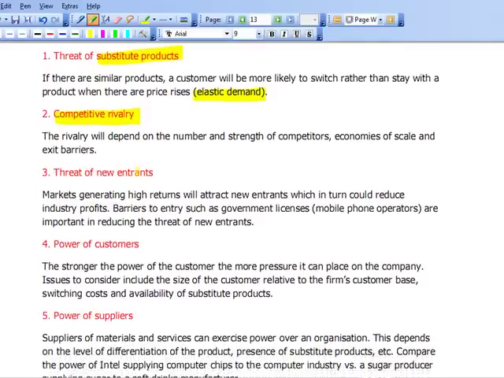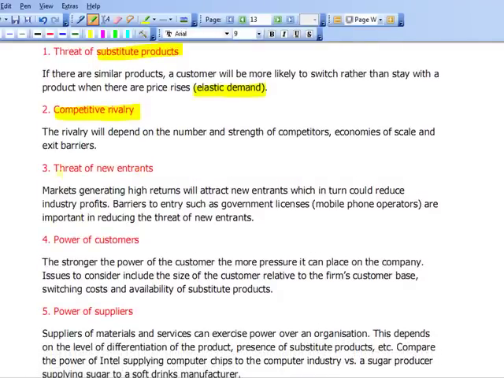The next one of the forces we're going to look at, threat of new entrants. Now, going through the notes, markets generating high returns, so profitable markets, would generally attract new entrants, which in turn could reduce industry profits. And introducing here an important thing, barriers to entry.